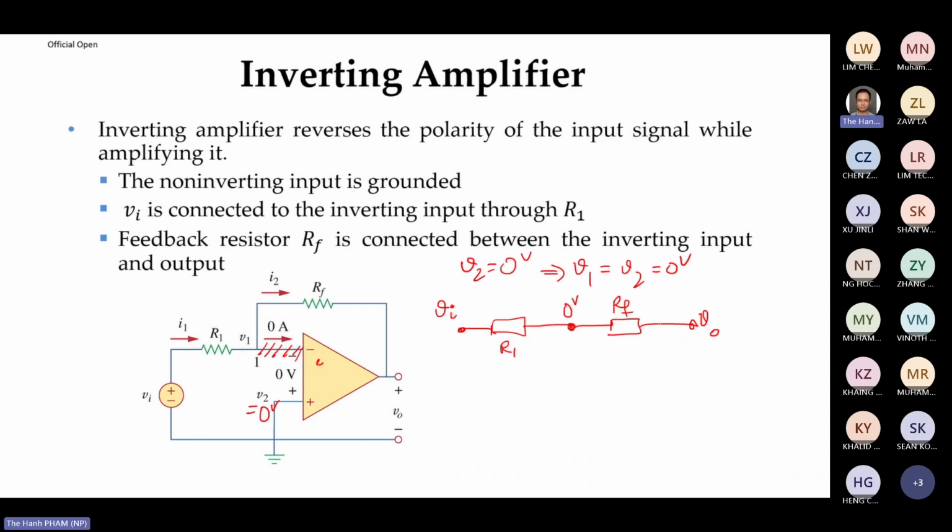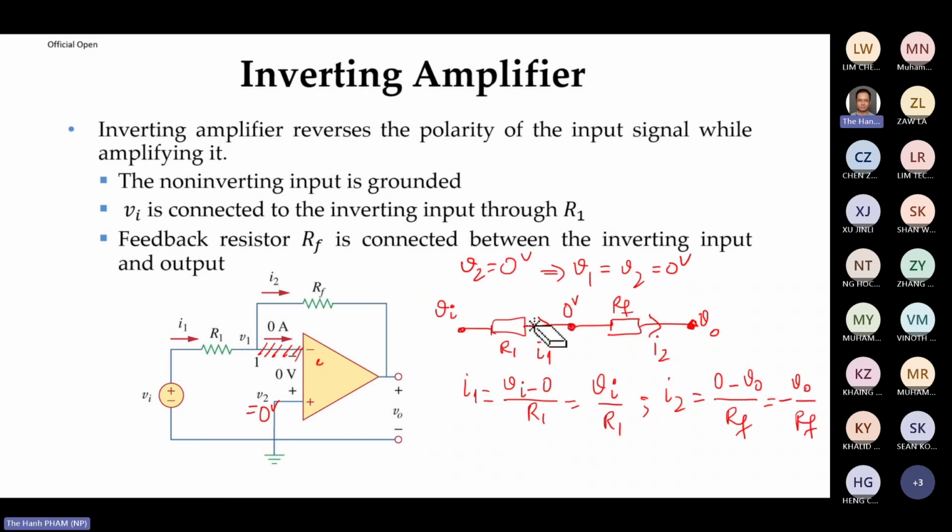So here's V0. Now you have I1 here, and you have I2 here. I1 is very simple: it is V input minus 0 over R1, which is V input over R1. And I2 is 0 minus V out over Rf, so this is minus V out over Rf, right?